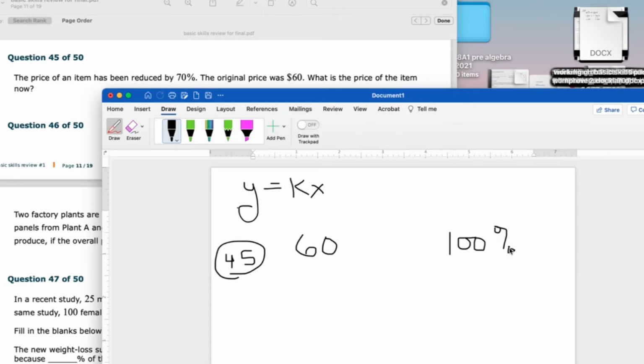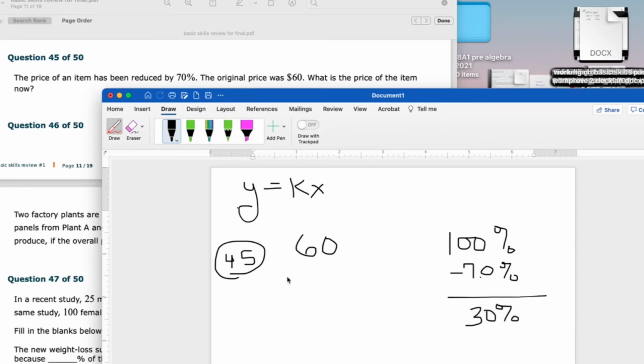Okay, so remember, you can't go over 100% to be the whole. So now it is reduced by 70%. So if you took 70% away, reduced 100% by 70%, then you would only have 30% of the original price.